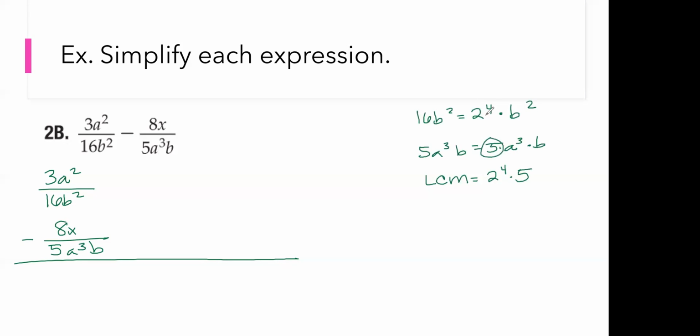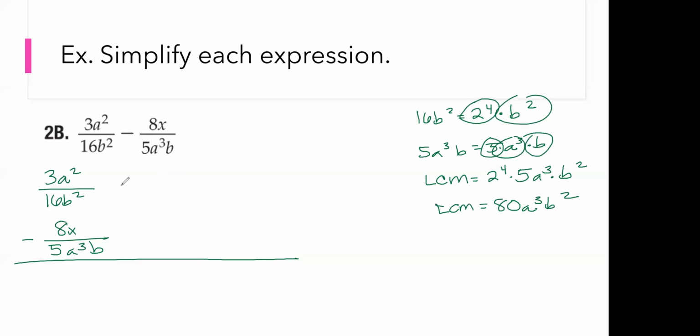And then I have a cubed, I have b and also b squared. So b squared is obviously the larger factor, so I'm going to use that one. 2 to the 4th is equal to 16, and 16 times 5 is equal to 80. So that'd be 80 times a cubed b squared. That is going to be my least common multiple, or my common denominator.